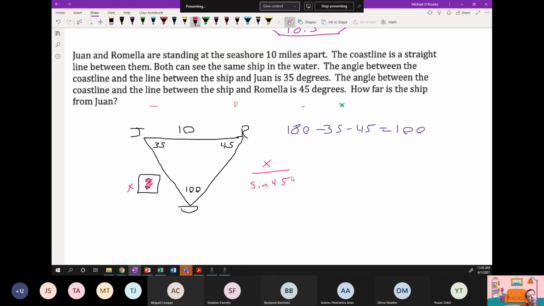What's going to go on top of this one? Can someone tell me that? Good. It's going to be 10 over sine 100. And we move over just like that.